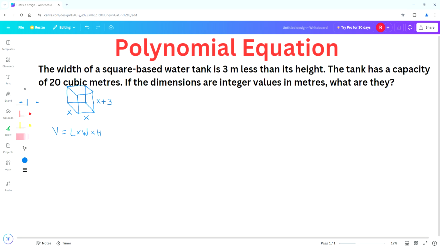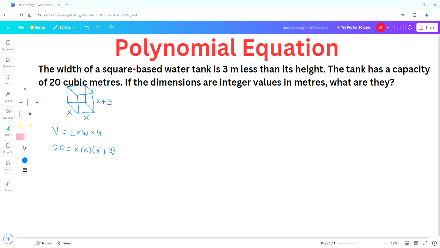We can sub in the length and the width as x and height as x plus 3 and the volume as 20. This is the equation we have to solve to find the value of x.